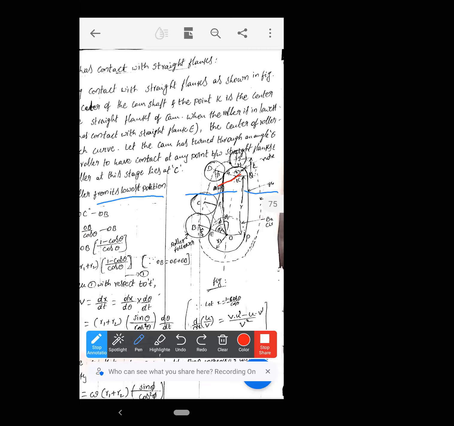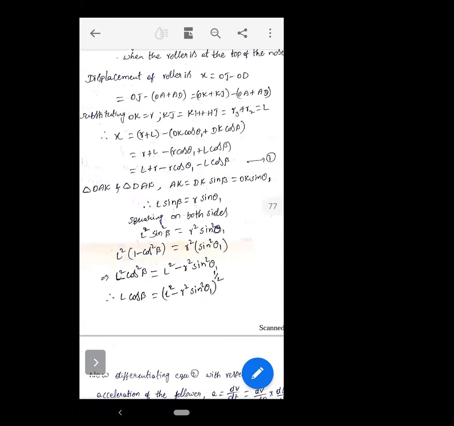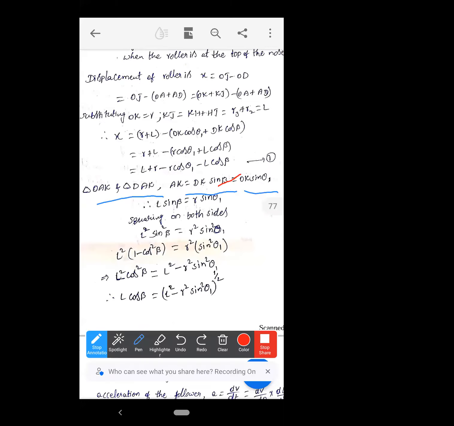This one is L sin beta, and the other one is R sin theta. So that's why we have the relation between one and the other. So that relation is L sin beta equals R sin theta 1. Therefore, L sin beta equals R sin theta 1.